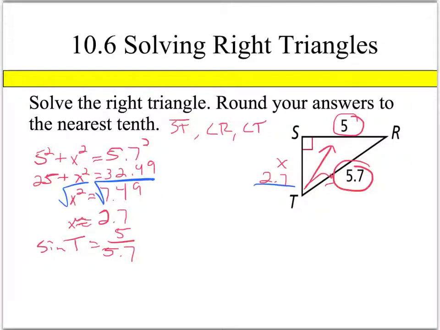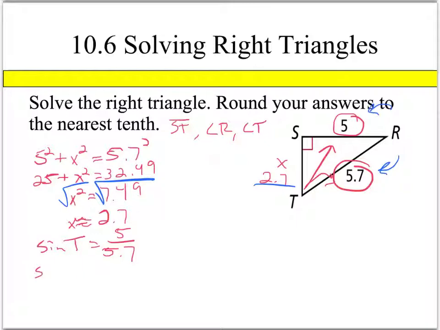So when I use an approximate in my trigonometric ratio, my answer might not line up perfectly, might not be the same. So be careful. It will be close, but I would use these two numbers. Make sure you use 5 and 5.7. If you use 2.7, not a big deal, but try to use the information that they already give you. Okay, so back to the problem.